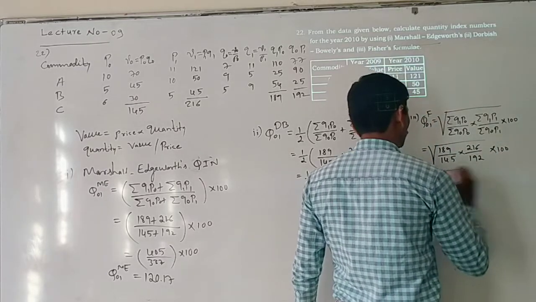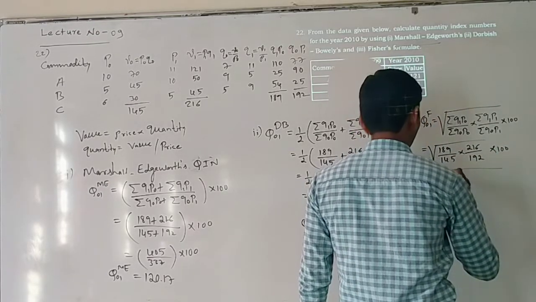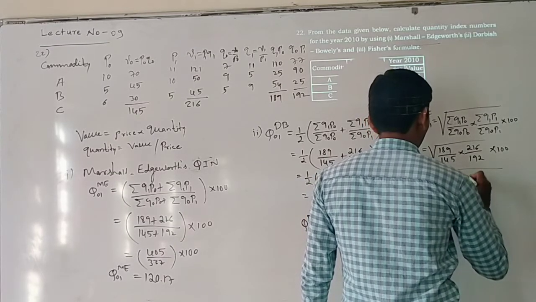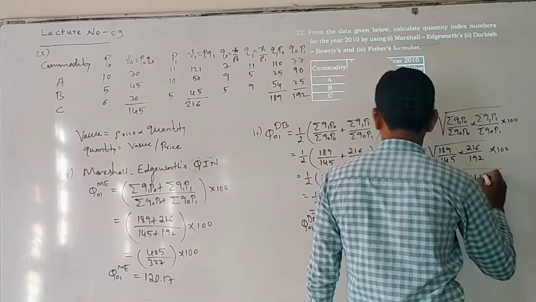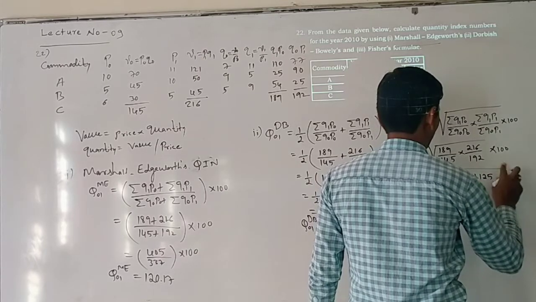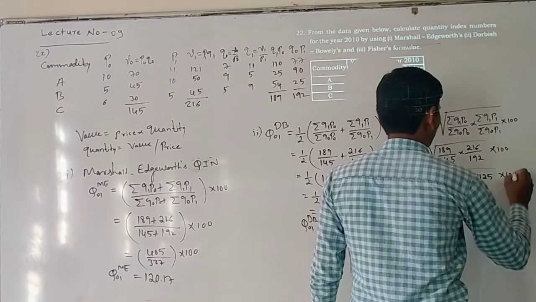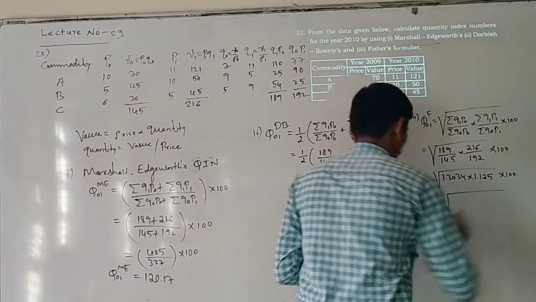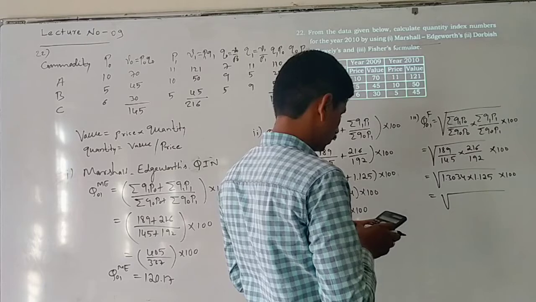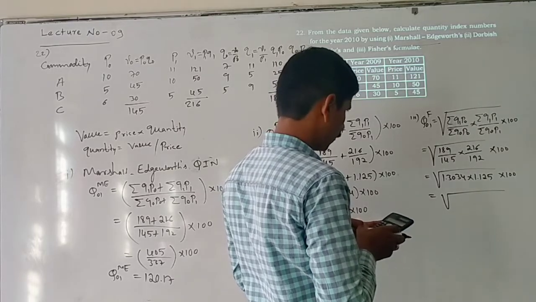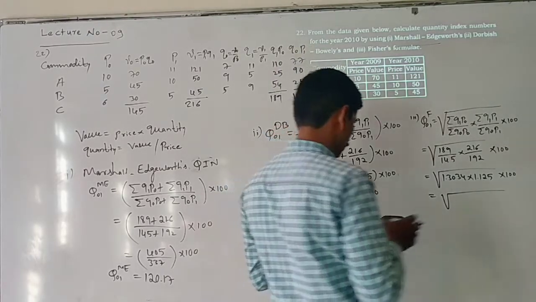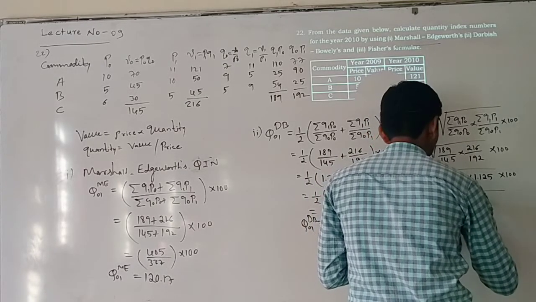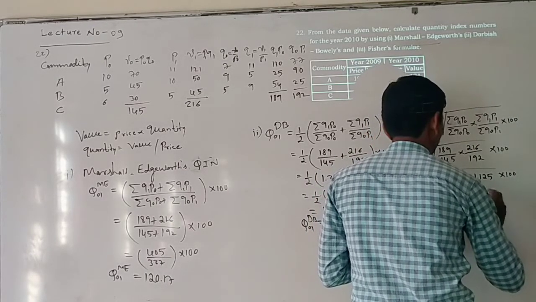Simplify. Under root of 189 by 145 is 1.3034 into 1.125 into 100. Here under root of 1.3034 into 1.125 is 1.466 into 100.